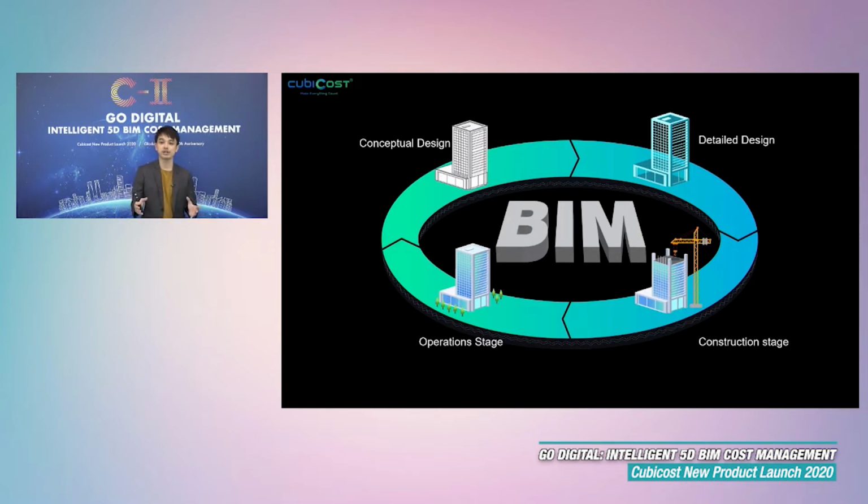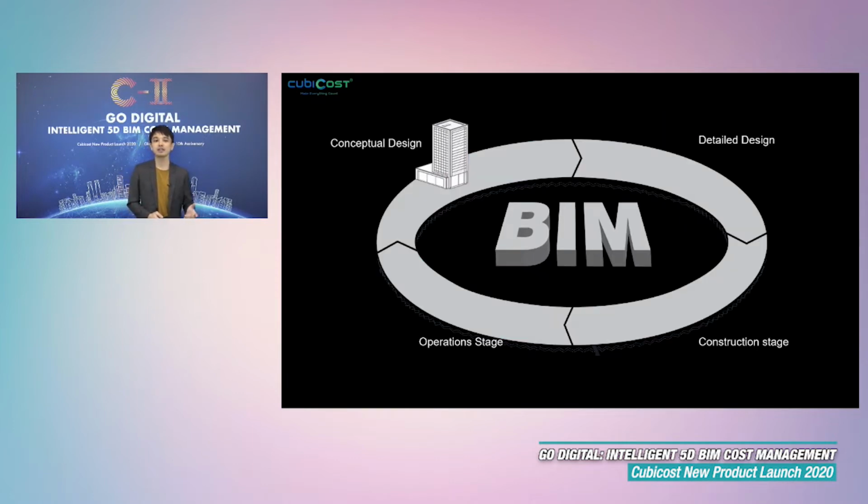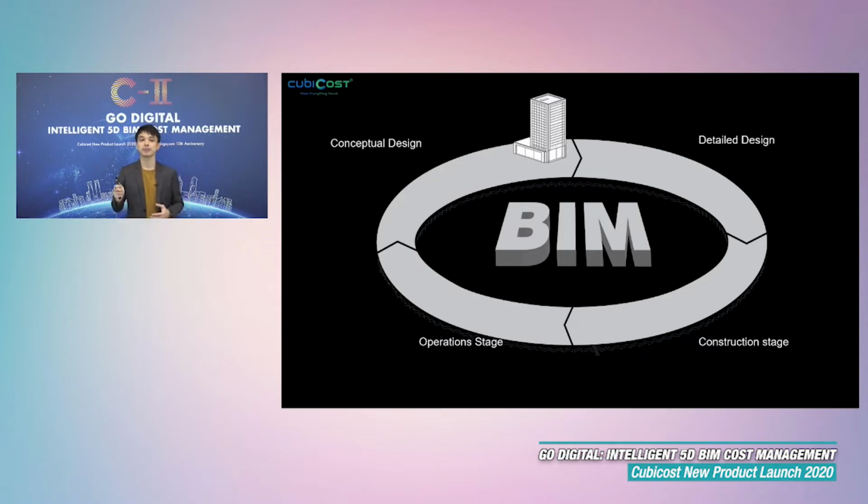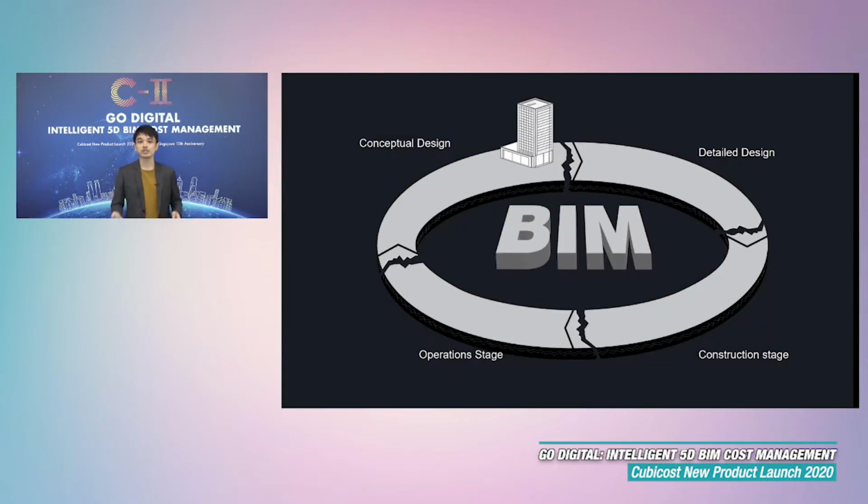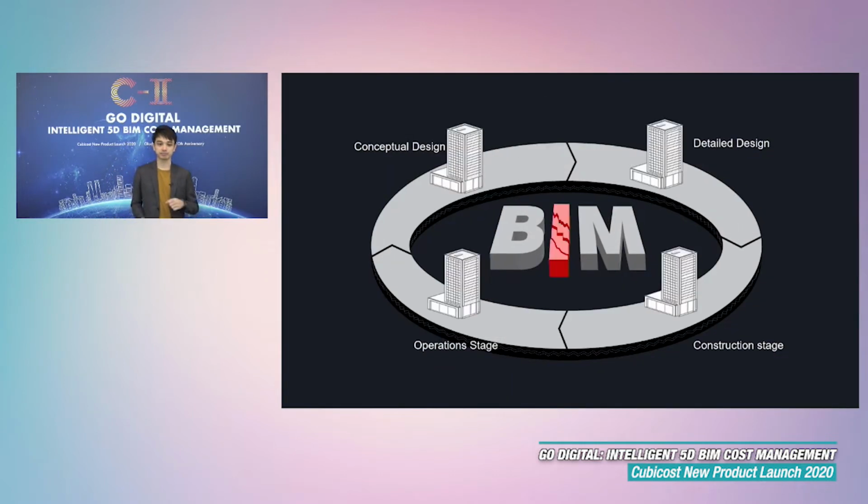The model information is getting richer and more complete along the stages. The model with adequate information is a carrier of BIM technology practices. Currently, the 3D models are used at each stage. However, the model information from different stages cannot be transmitted perfectly, with a result like this.